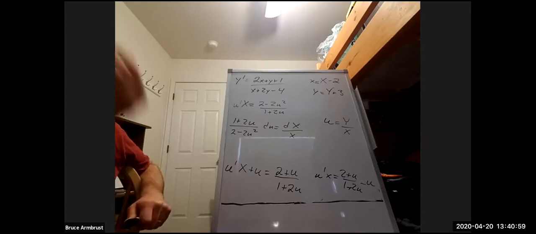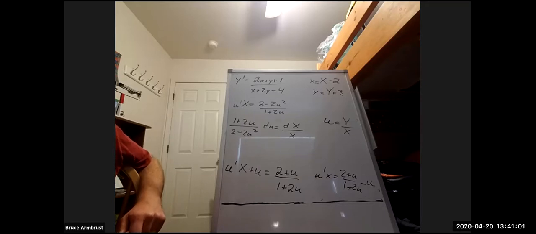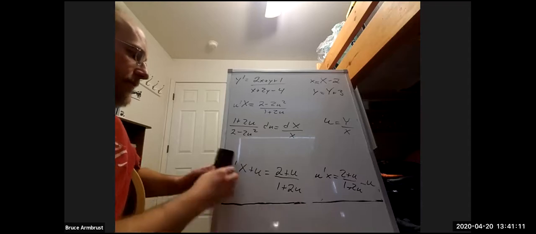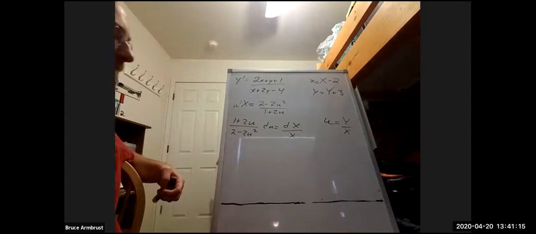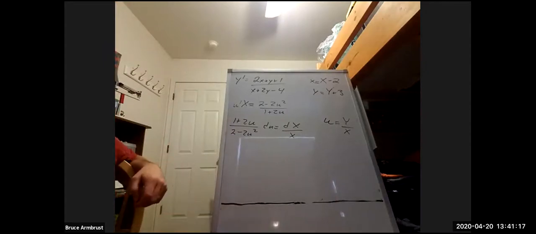And now we get to have integration fun. Obviously, that right-hand side is easy. The left-hand side, oh, that's not terrible. I was worried we were going to have to do partial fractions. But we're actually, oh no, we are.